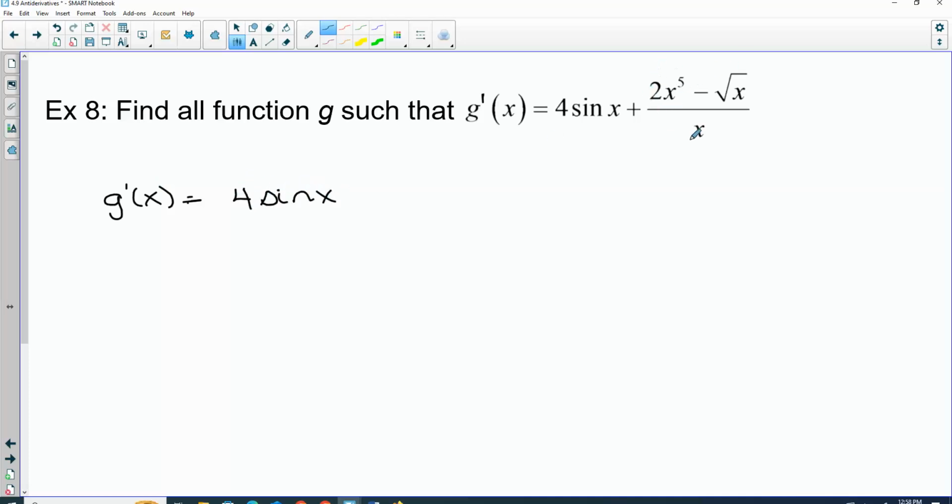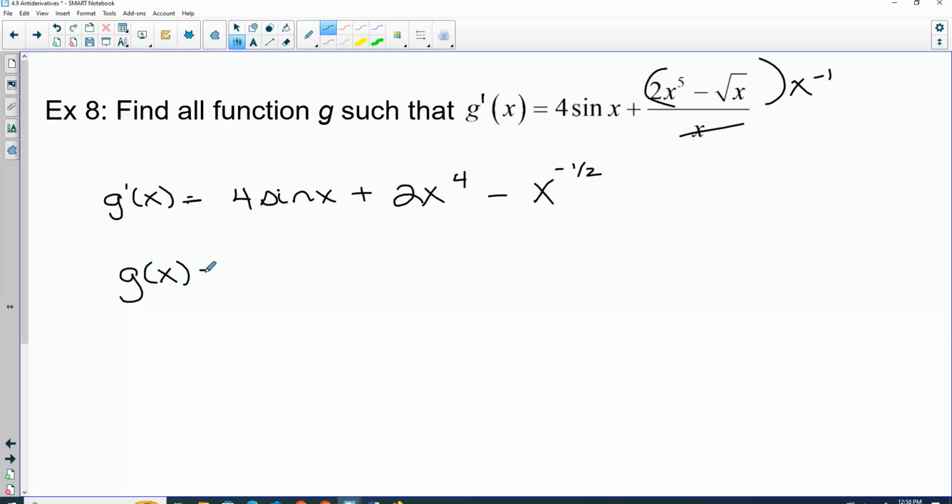You can bring up an x to the negative 1. If you bring up an x to the negative 1, you would still have to distribute it through, right? So it's really just subtracting from your power. So that's 2x to the 4th. This is x to the 1/2 times x to the negative 1, so x to the negative 1/2. So simplify before, just like it was way easier to do the derivative if we multiplied or divided things out first, it's way easier to do the antiderivative if you clean it up first.